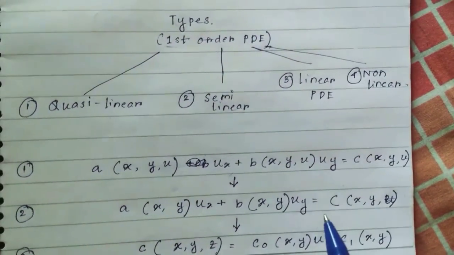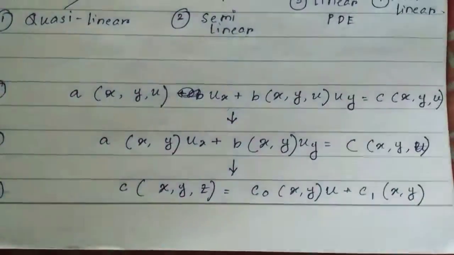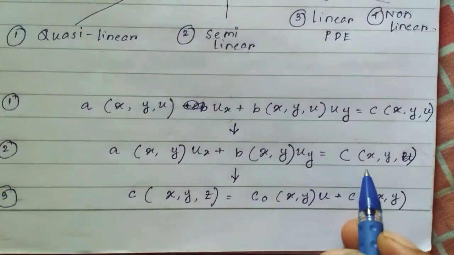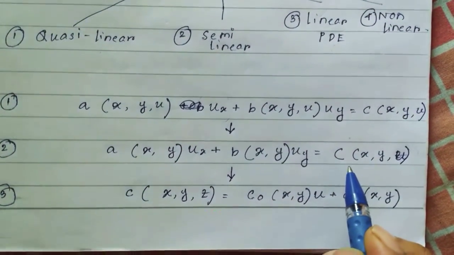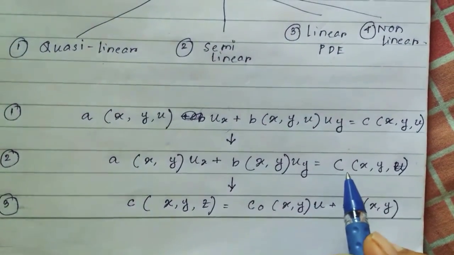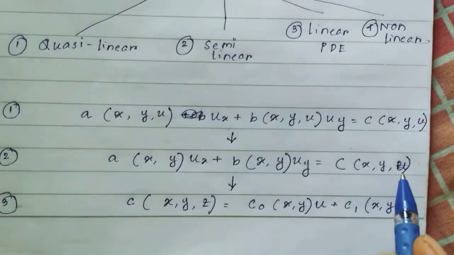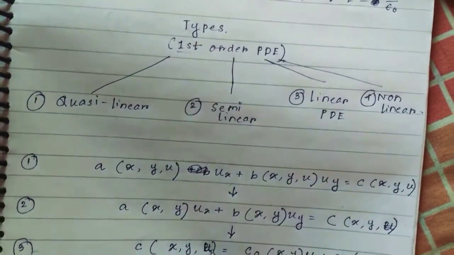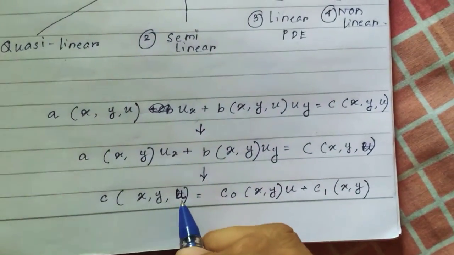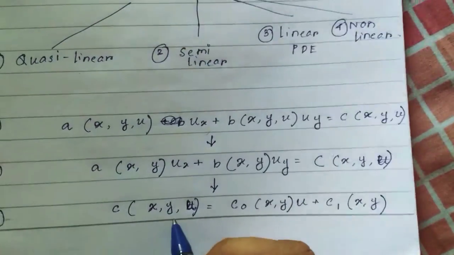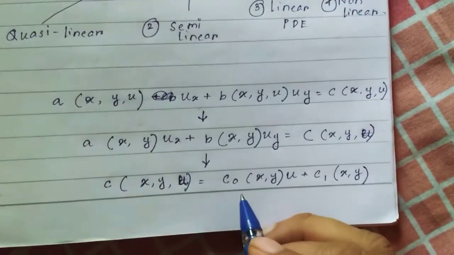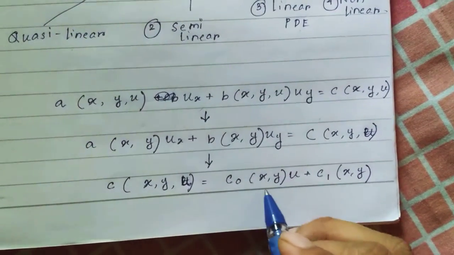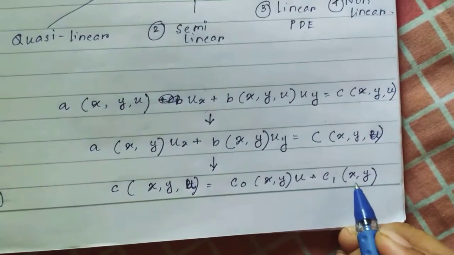A linear PDE is that type of PDE where the right hand side part, which is a function of x, y, and u, this c part, is not z but u. We are taking the dependent variable as u, not z. So this thing can be written as c0 of x, y times u plus c1 of x, y.